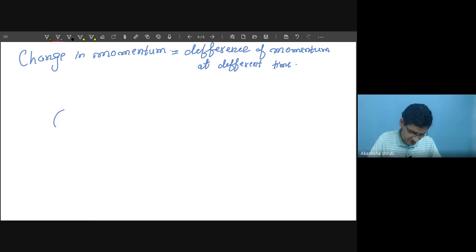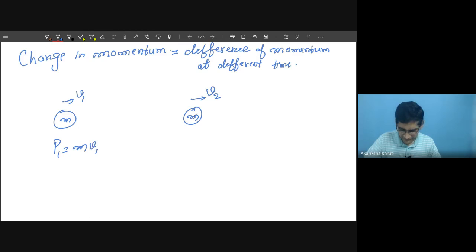Example, I am considering the body m, which was initially moving with speed v1. Now the same body m has reached speed v2. So in this case, the momentum p1 is denoted by m into v1, and p2 is denoted by m into v2.